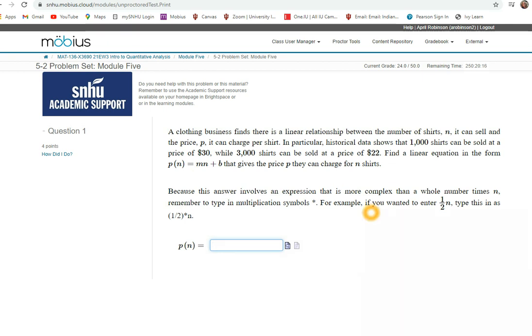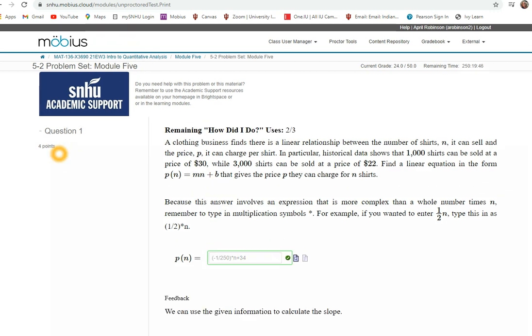So if you want to enter 1/2 n, type this as parentheses, -1 backslash 250, close the parentheses, hit the times sign, then the n, and then plus 34. And how did I do? Yay! Hope that explains that.